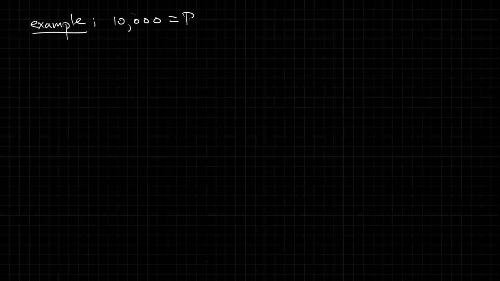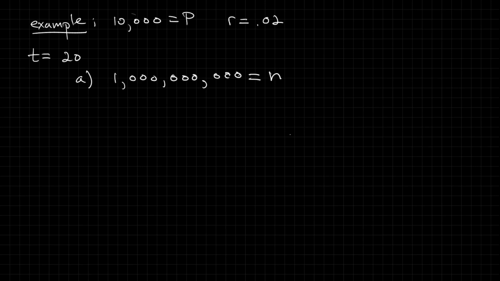So we'll let this be P. Let's take an interest rate of 2%, so 0.02. And let's have T be 20 years. And first, let's suppose that we compound 1,000,000 times. No, let's do even more. Let's do 1 billion times per year. So 1 billion is n.